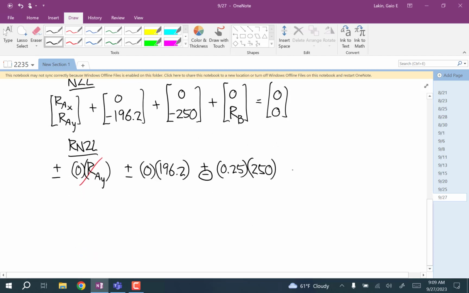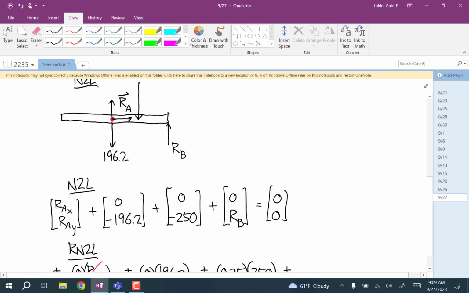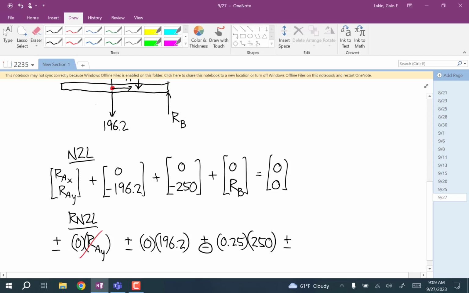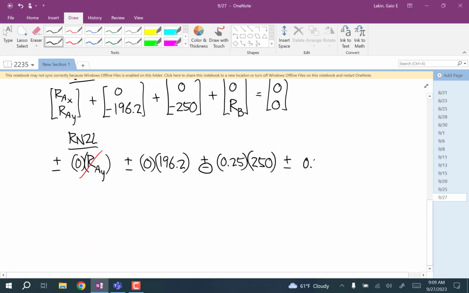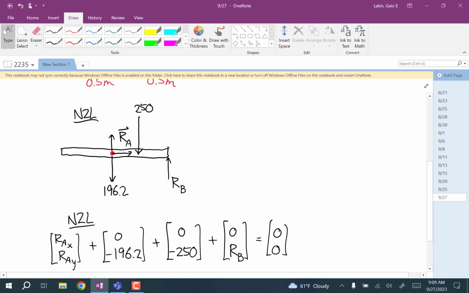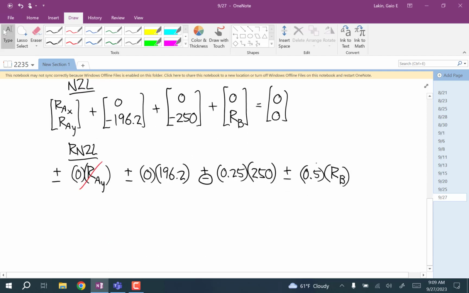And then we have plus or minus. Now we're on the force RB. What's the moment arm for that? 0.5. And would that force cause a clockwise or counterclockwise rotation? Counterclockwise. This is equal to 0. So this one goes away.